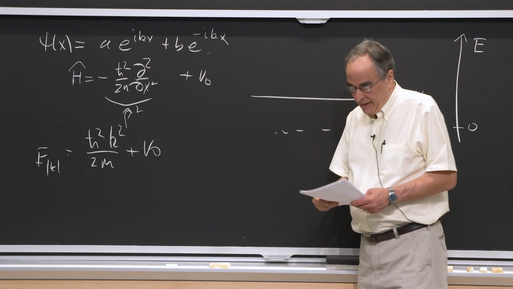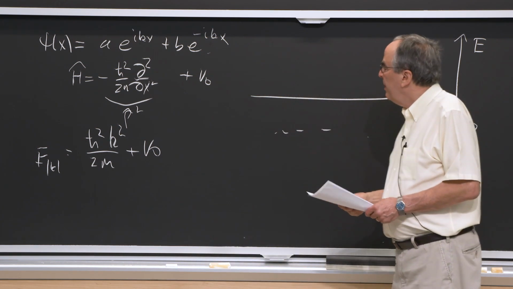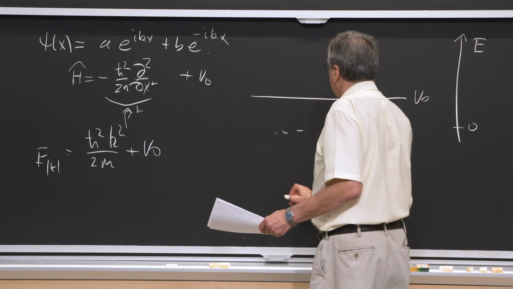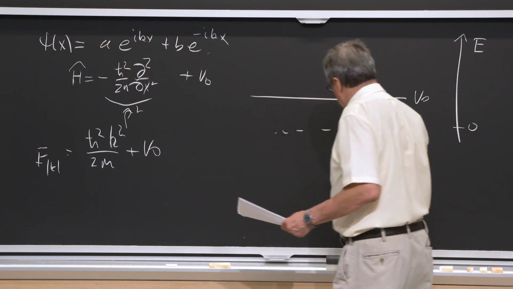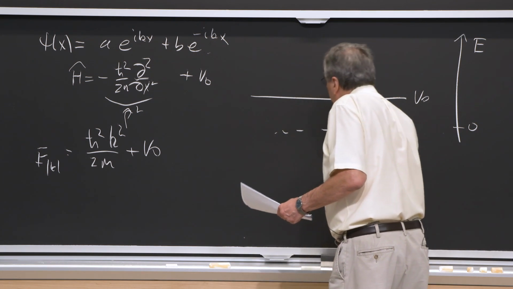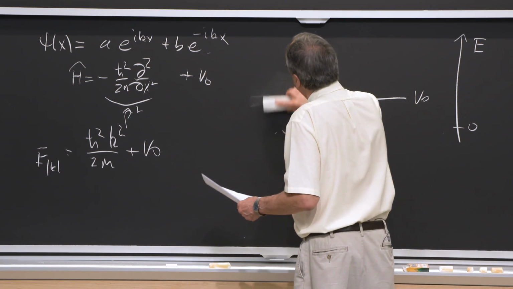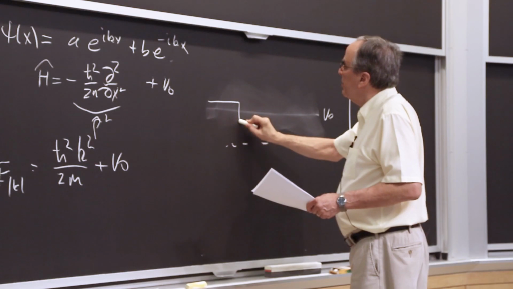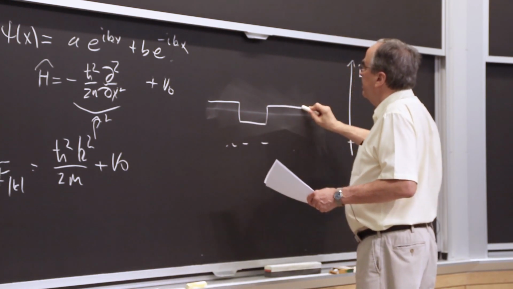And so that's simple. But often we might be dealing with a potential that's not simple like this, but has got complexity. So suppose we had a potential that did this.